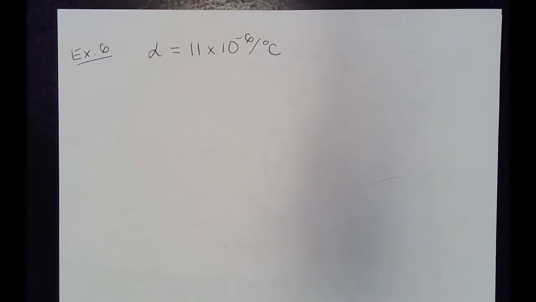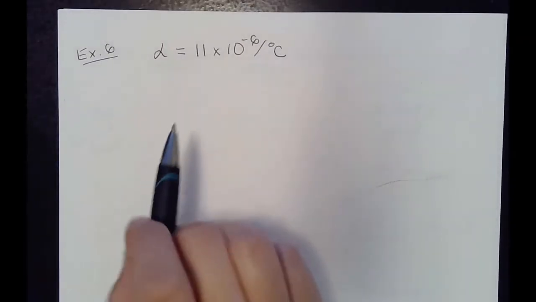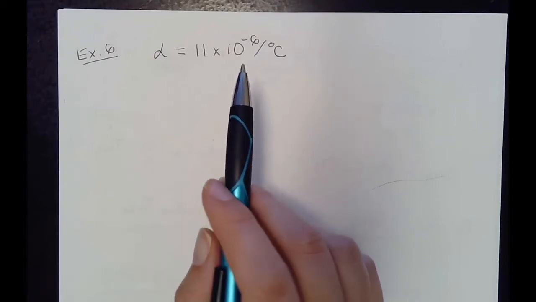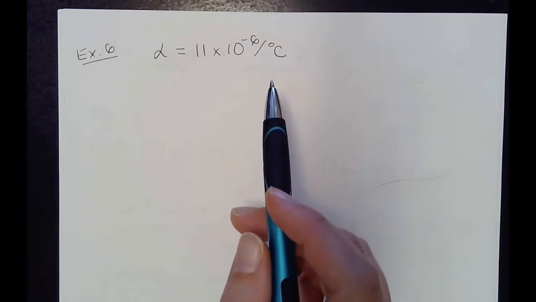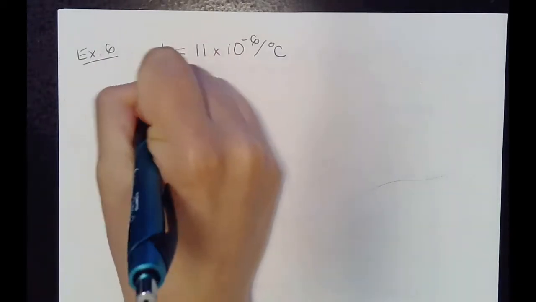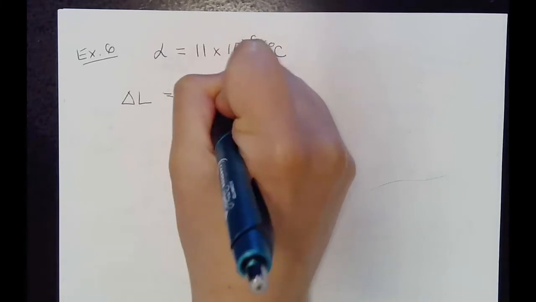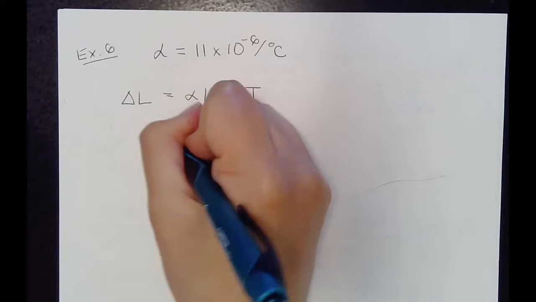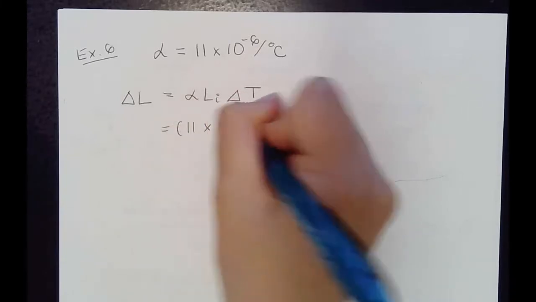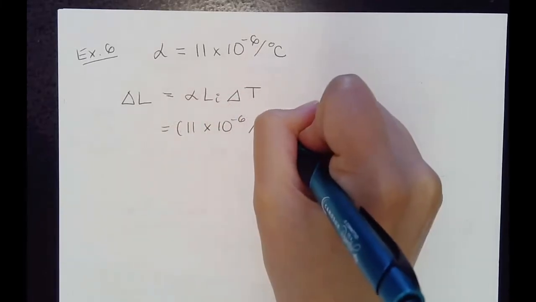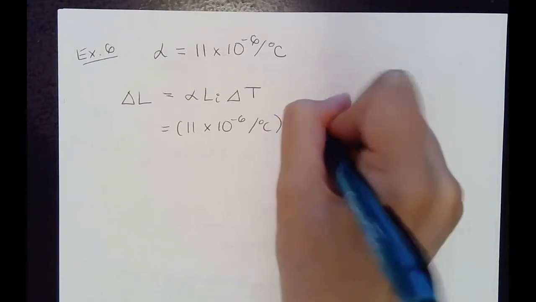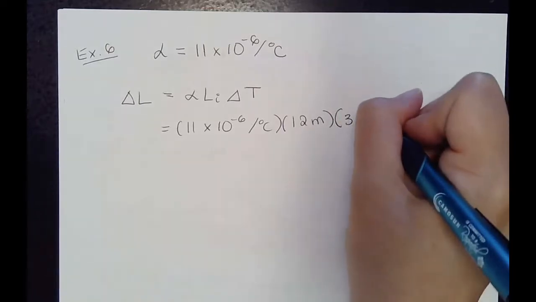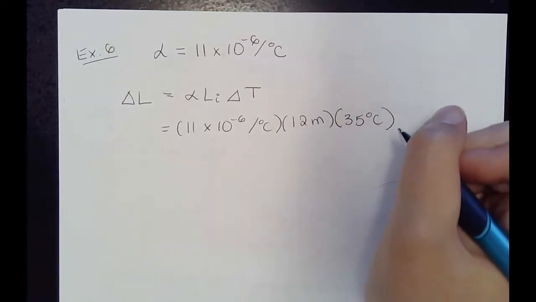And you can see that the coefficients generally for linear expansion are on the order of 10 to the -6 for solids, so that's why we're not seeing huge changes with normal variations in temperature. But okay, let's find delta L. It's alpha Li delta T, so we'll have the change in length, so we know how much space to leave. 11 times 10 to the -6 per degree Celsius times 12 meters, and then 35 degrees since it's going from -2 up to 33 degrees Celsius.